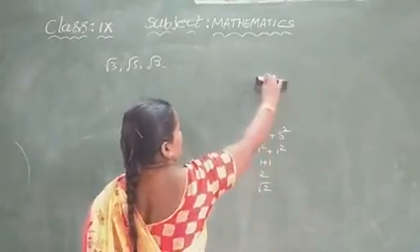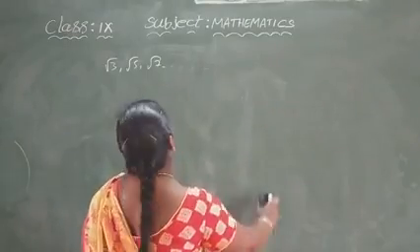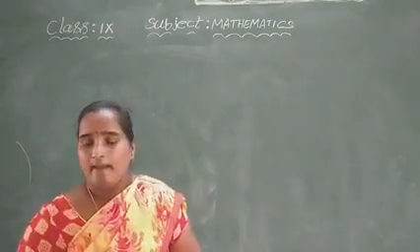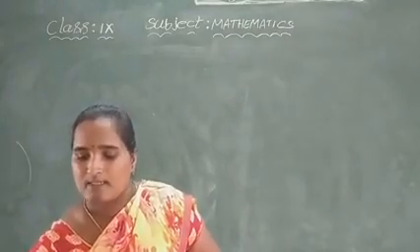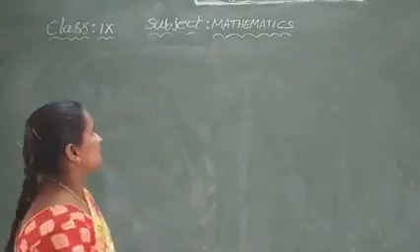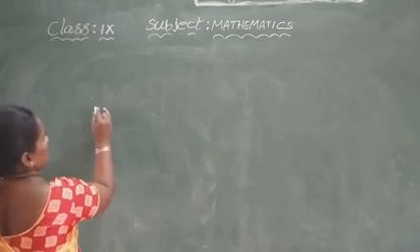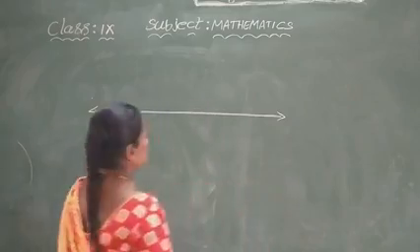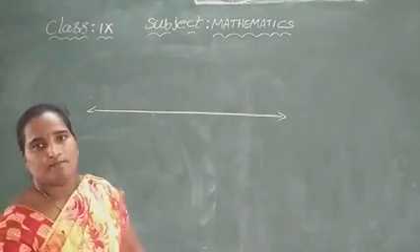Okay? Now, number line, you know number lines: natural number line, integers number line, whole numbers number line. Now let us take the integers number line.